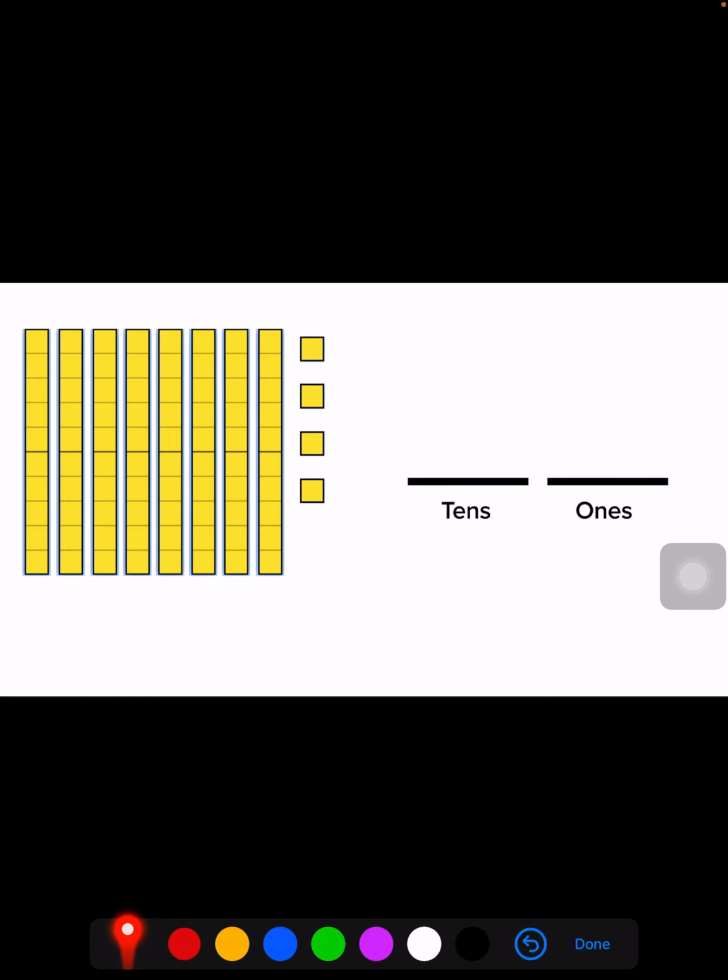There's 8 tens, and there's 1, 2, 3, 4 ones. We took those place values and we put them together to make a number. This amount is 84, and 84 is composed or made up of 8 tens and 4 ones.